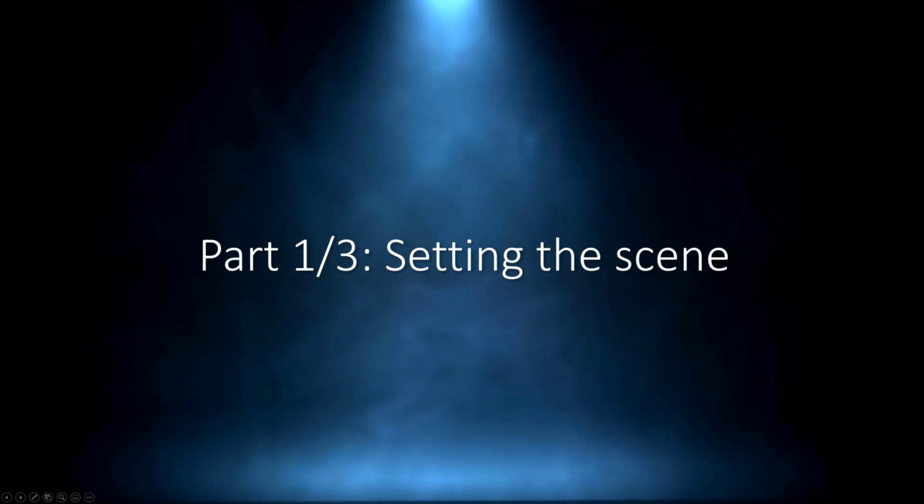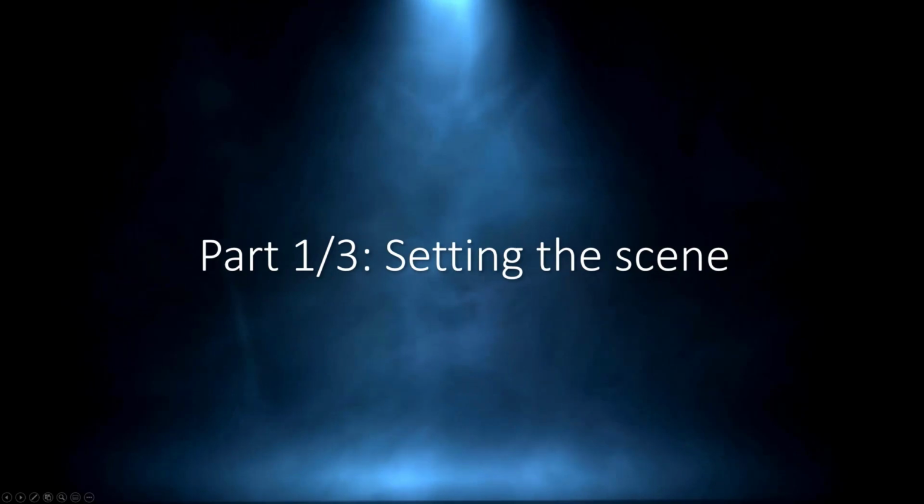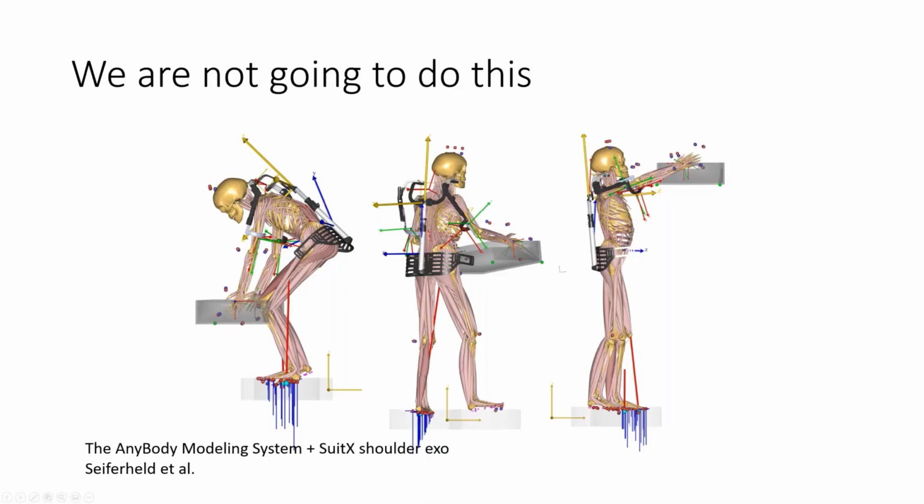So without any further ado, let's go on to the next slide, which is part 1 out of 3. Initially, let's try to set the scene for what we want to do with the design. The first thing I want to do is to tell you what we will not do. We will not be doing detailed exoskeleton design. To explain what detailed exoskeleton design is, you can look at this picture.